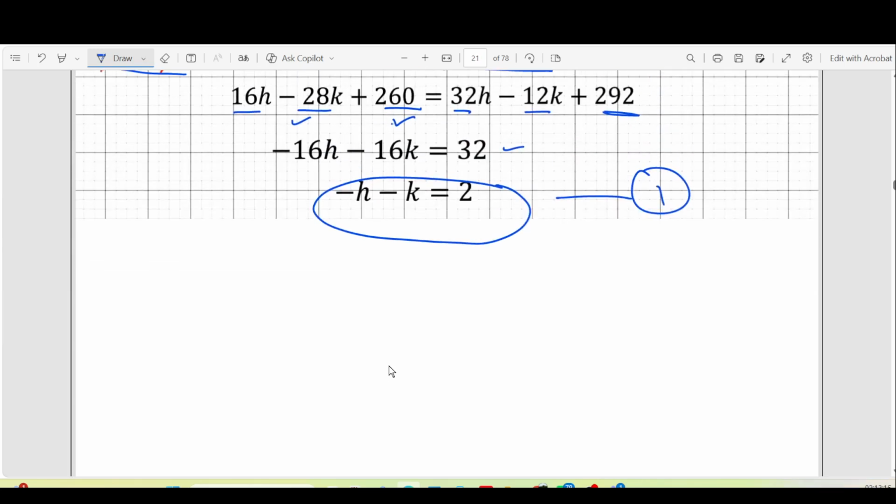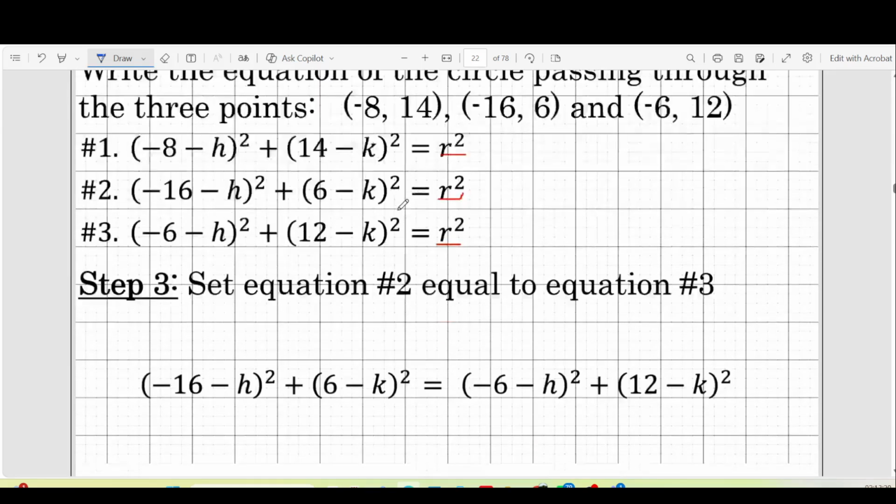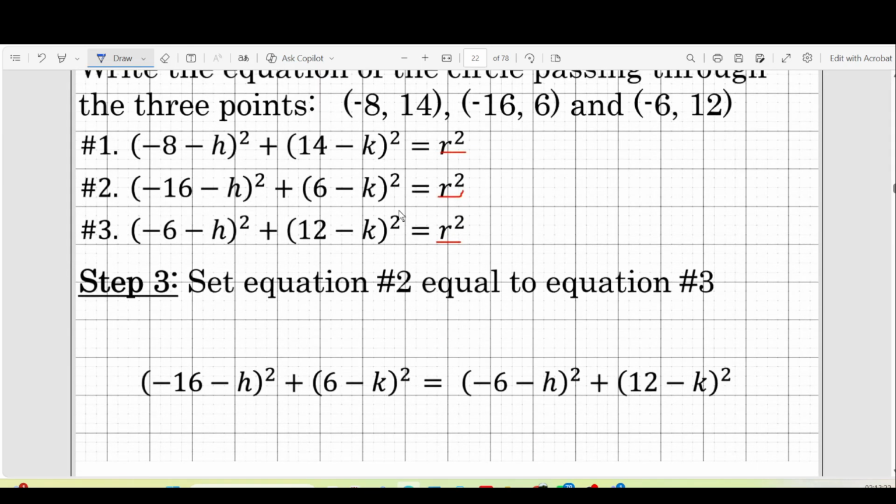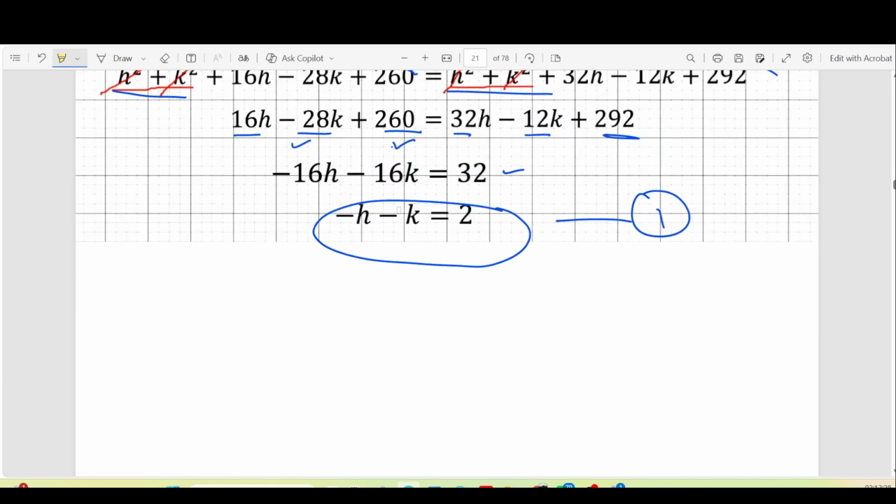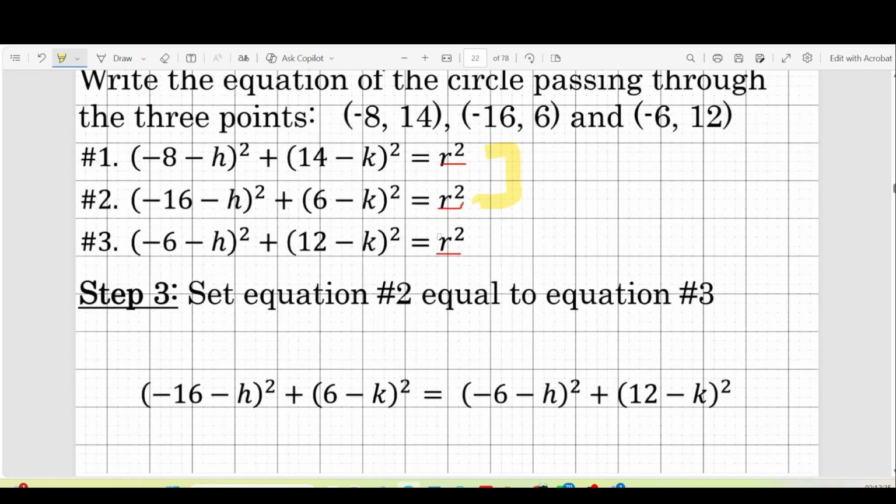Obviously we didn't get either variable h or k alone. This is what we got after setting these two equations equal: a relation between h and k.